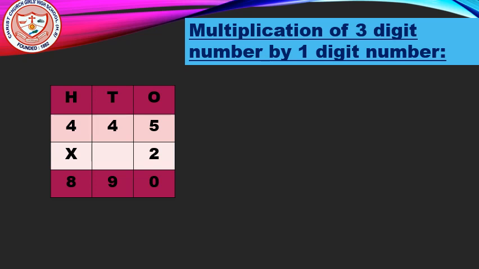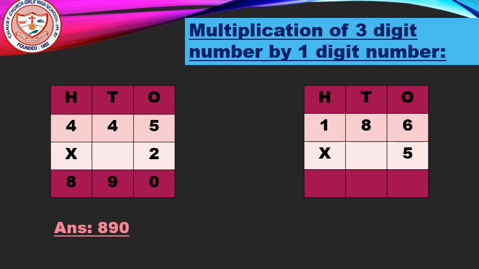Then 2 fours are 8. So we are going to write this 8 in hundreds place. Clear? So the answer is 890. Got it? Now we are going to solve this problem in the same way. So please calculate this on your own.